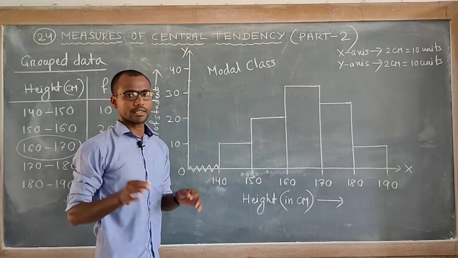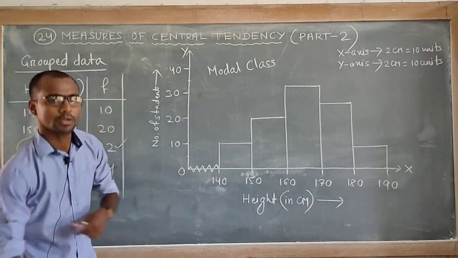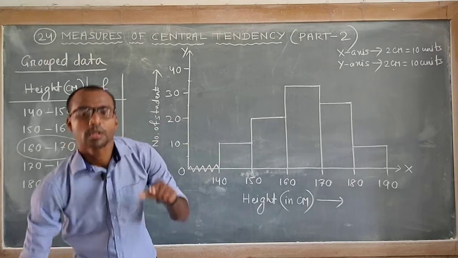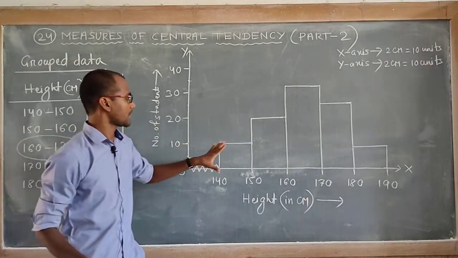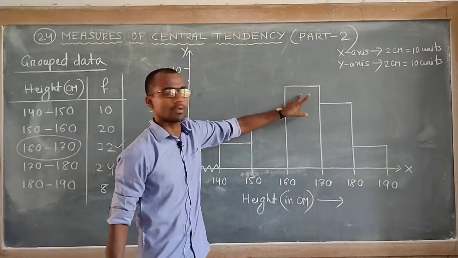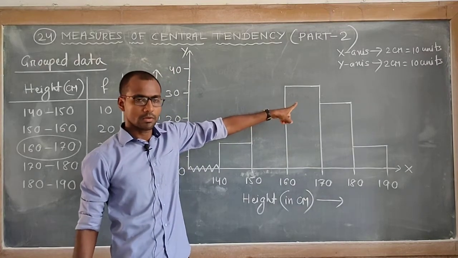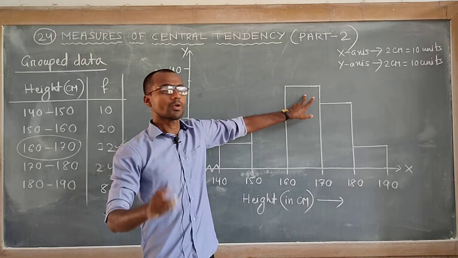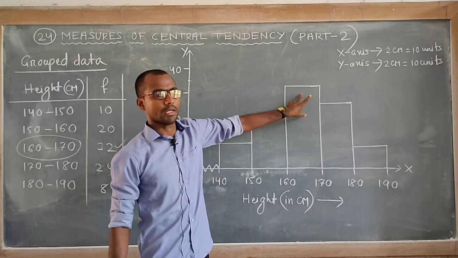The class interval which has the highest frequency is called the modal class. You will get the mode from the modal class. Here you can see this is the modal class, the tallest rectangle. You will get the mode from this class interval.